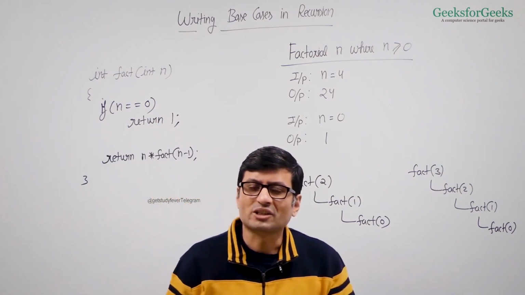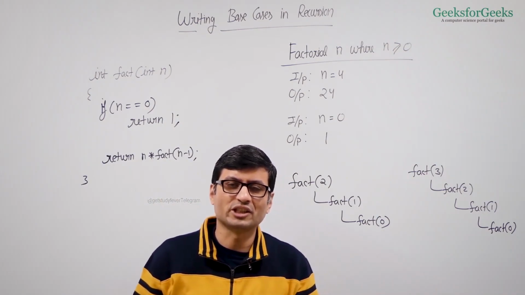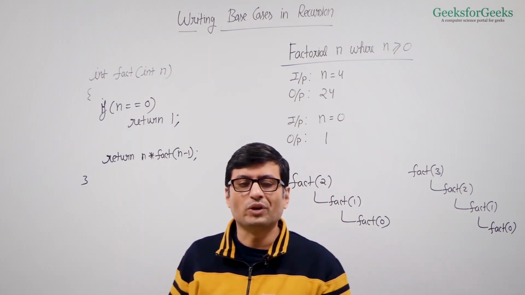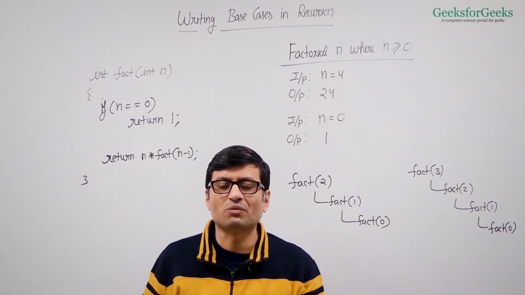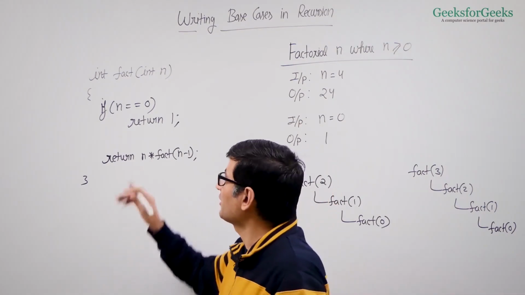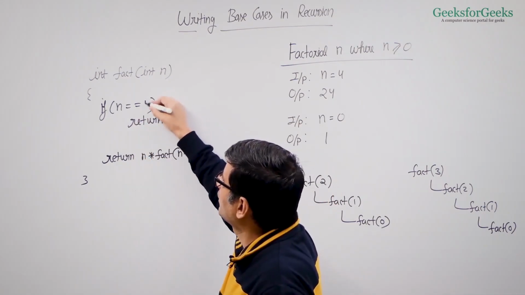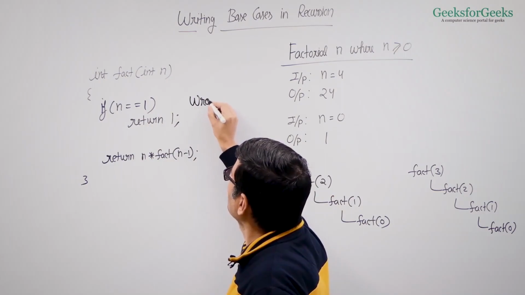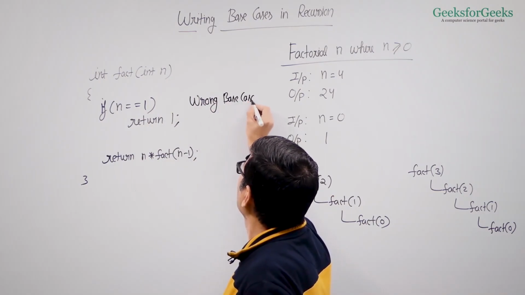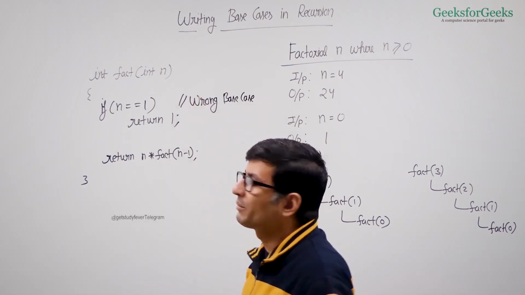Now imagine that somebody writes wrong base case here. If somebody writes n equal to 1 here, what will happen when the test case is there with n equal to 0? That's a wrong base case.